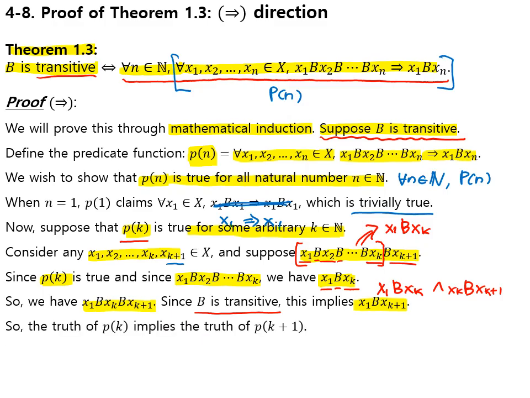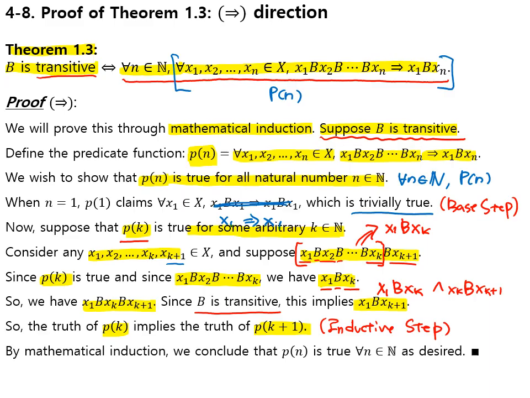So the truth of Pk implies the truth of Pk plus 1. Up here, this was the base step, and here we have established the inductive step. By using mathematical induction, we conclude that the statement Pn is true for all natural number n as desired.